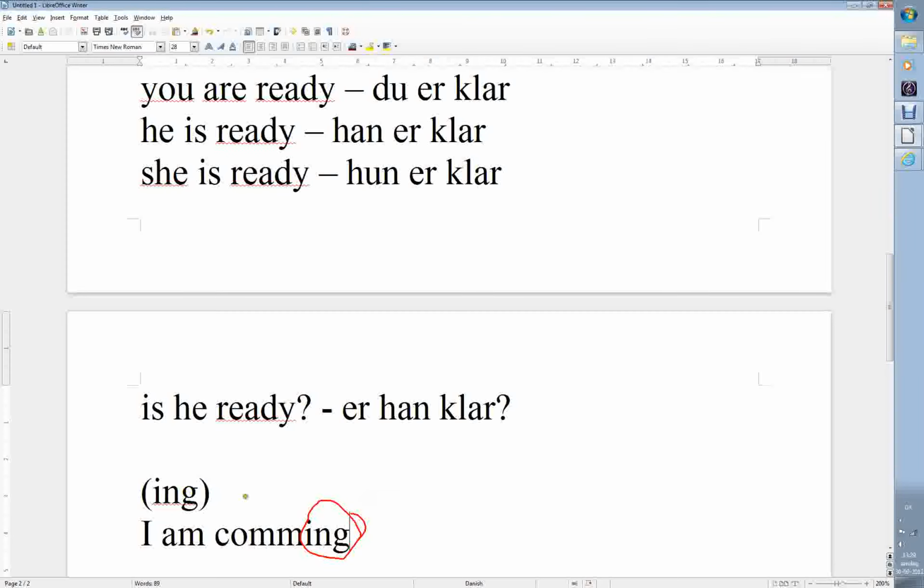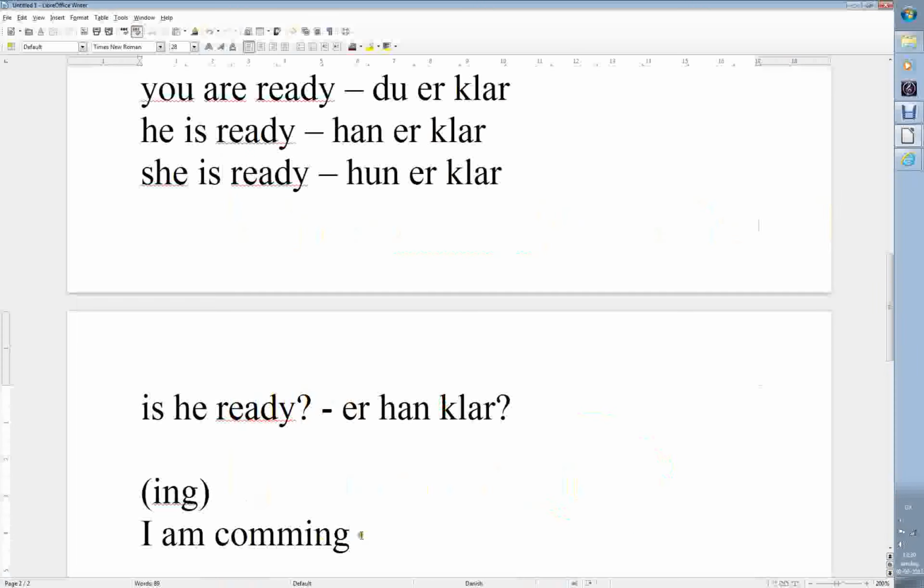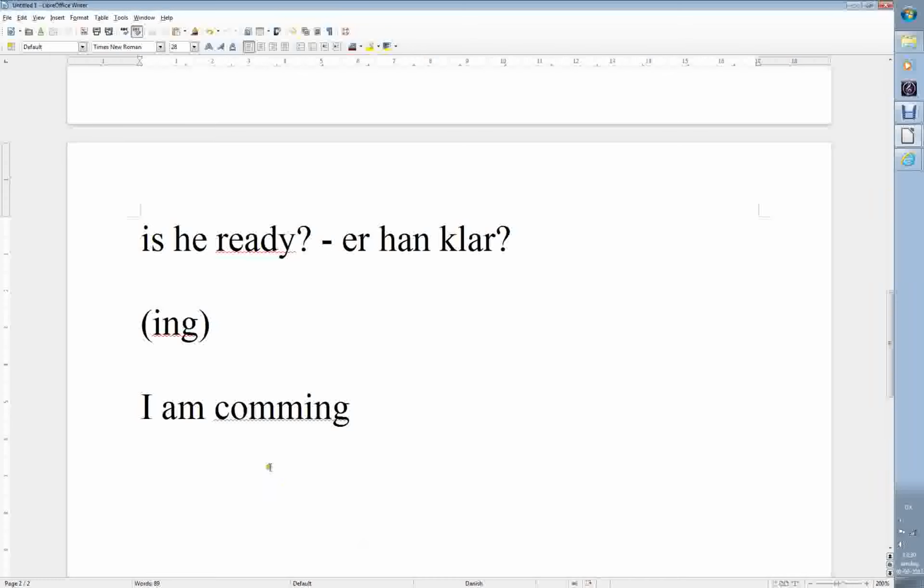And also if you notice, you have the double verbs. So put a V. This is a V, in case someone should be confused. So this would be the first verb, and this is the second verb. I am coming. And the way we do this in Danish is, let me see if I can go back.